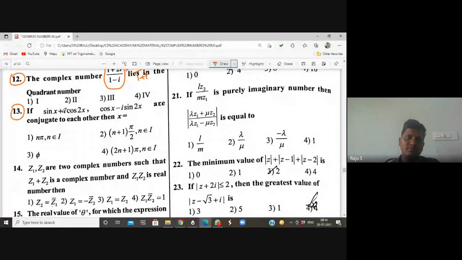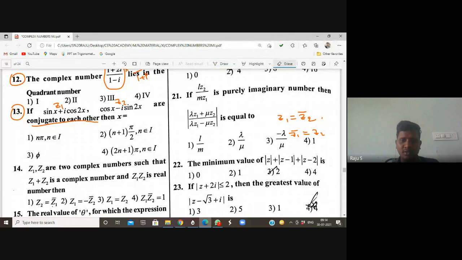And question number 13. So what is 13? Sin x plus i cos 2x. Both are conjugate to each other. If I take this as Z1, this as Z2, Z1 is equal to Z2 conjugate, or Z1 conjugate is equal to Z2.